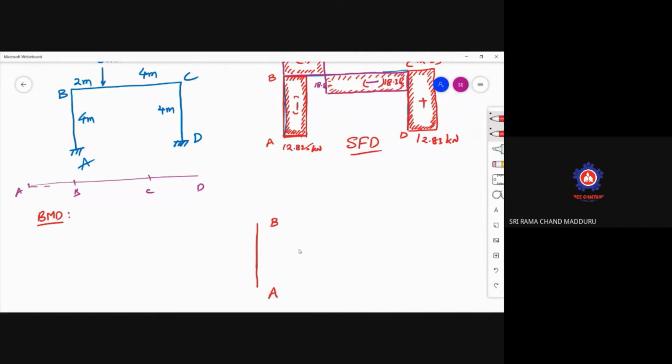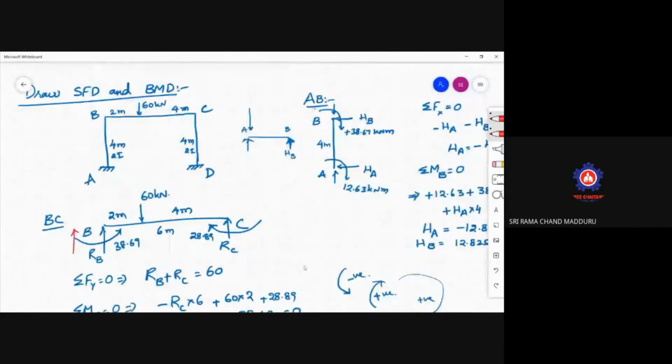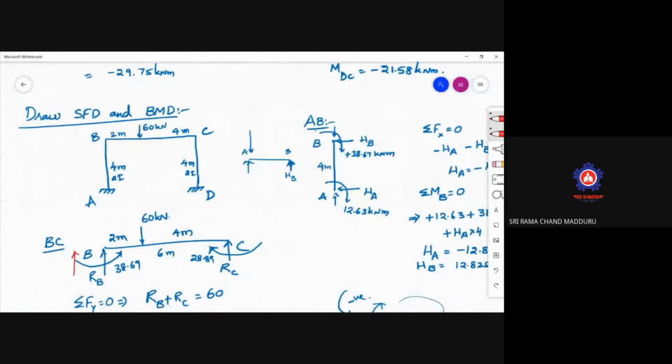Now, what is the direction of the moments acting on the AB column? Go to the AB column once. This is a clockwise moment acting in this direction, and this is also a clockwise moment acting like this.